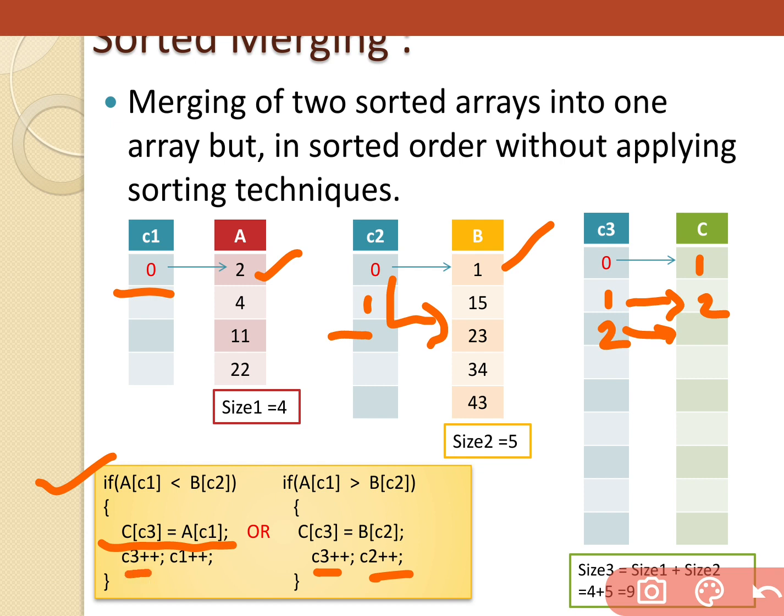That's why, see, the counter increased. And when we are placing this inside C, then the counter should increase by 1. Whenever our element is placed inside C, the counter should be increased, because next time we have to match 4 with the next element.